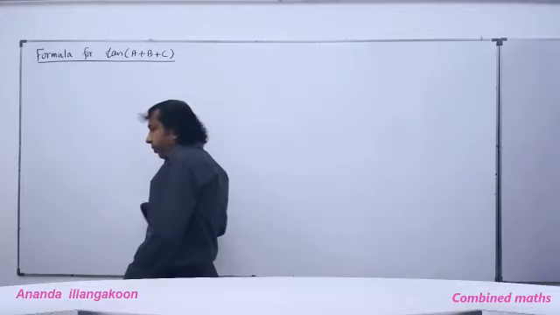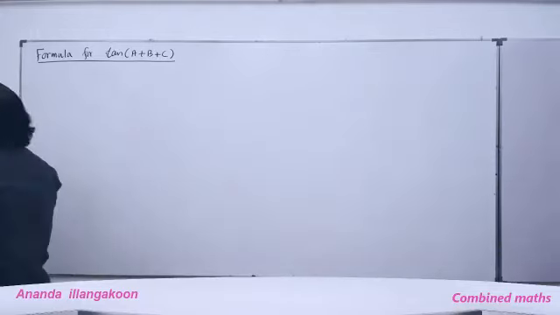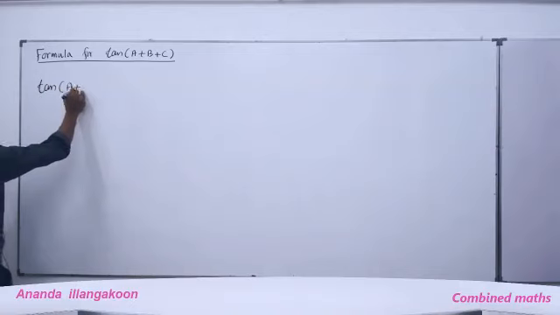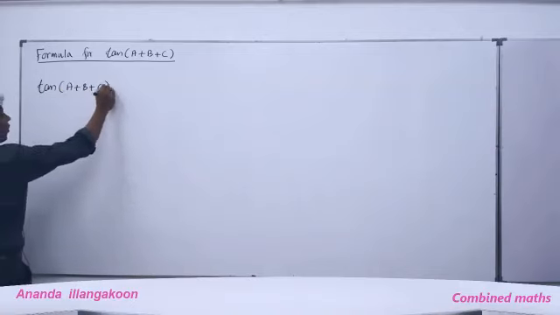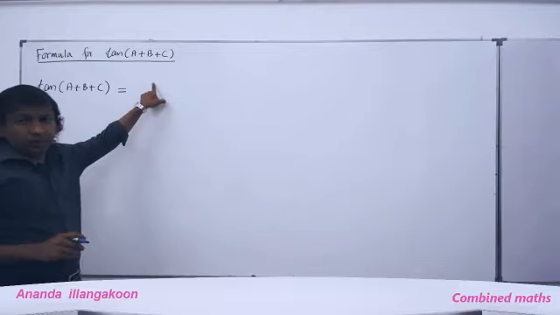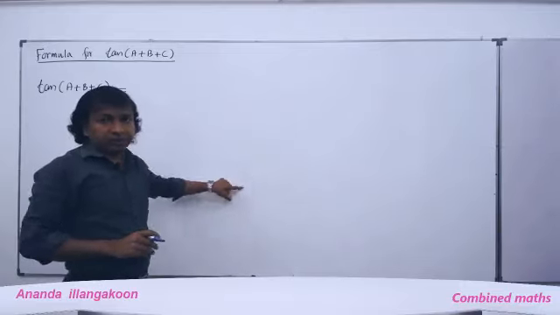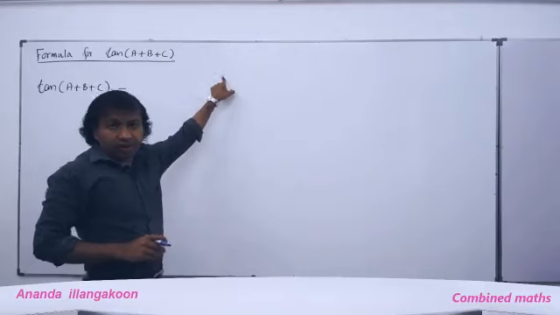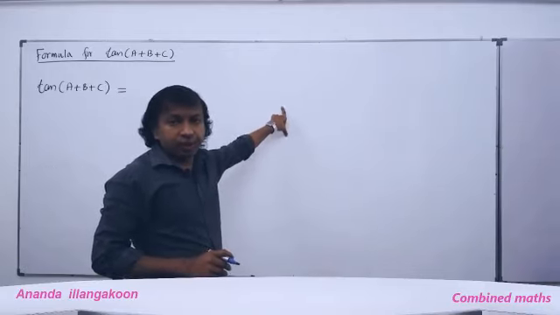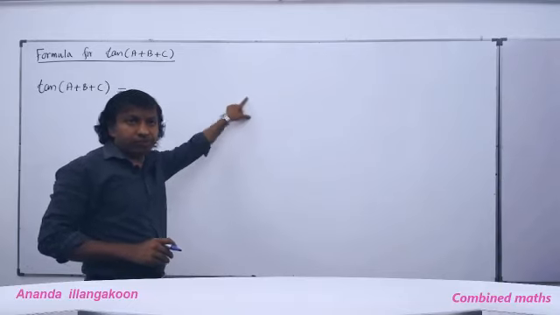Okay. I'm going to open this tan A plus B plus C formula. So you need some comfortable area to write these expressions. The more space you need, the more area.